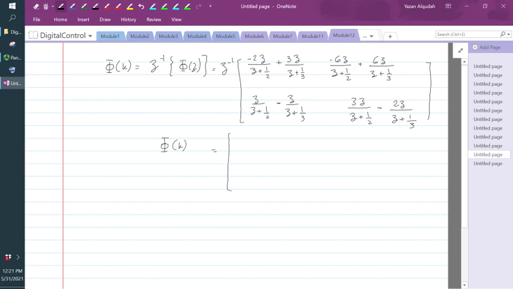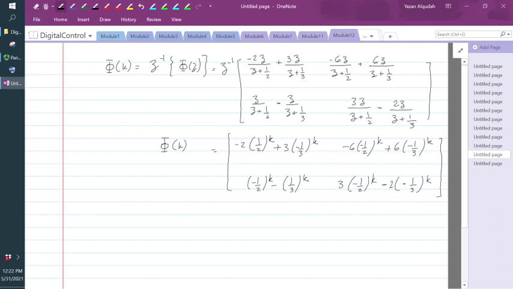Negative 2z over (z plus 1/2) is going to equal negative 2 multiplied by negative 1/2 to the k, plus 3 multiplied by negative 1/3 to the k, negative 6 multiplied by negative 1/2 to the k, plus 6 multiplied by negative 1/3 to the k, and here I have negative 1/2 to the k minus negative 1/3 to the k, and then I have 3 multiplied by negative 1/2 to the k minus 2 multiplied by negative 1/3 to the k.